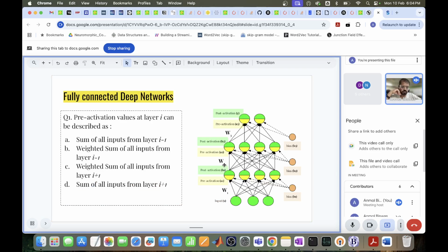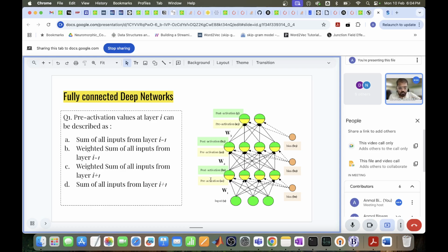So here is a description of a fully connected neural network. There are two hidden layers. There's one input layer, two hidden layers, and an output layer. Each layer basically has two states corresponding to it, right?